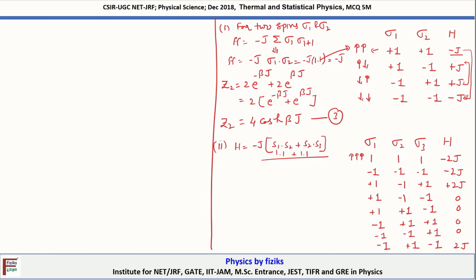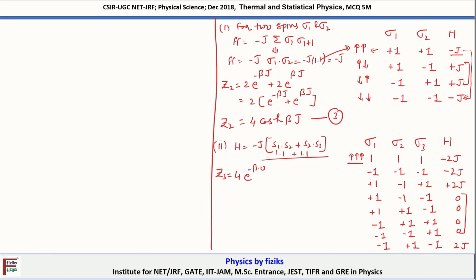Okay, so the partition function, because here we are considering a 3-spin system, so Z3 will be: we have 4 terms with energy 0, so the degeneracy factor here is 4. So I will write 4 times exponential of minus beta multiplied by energy, which is 0.